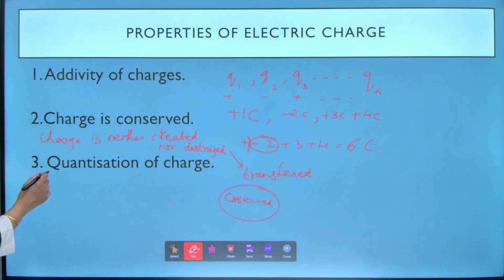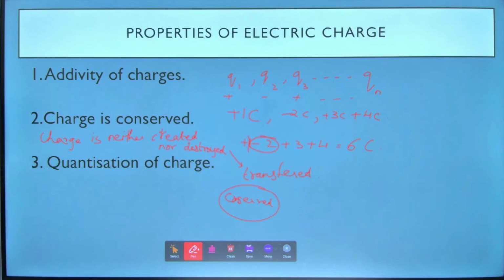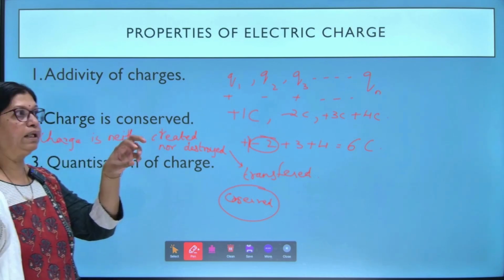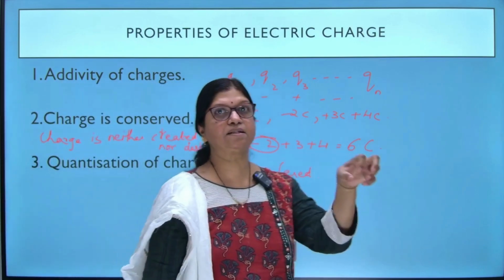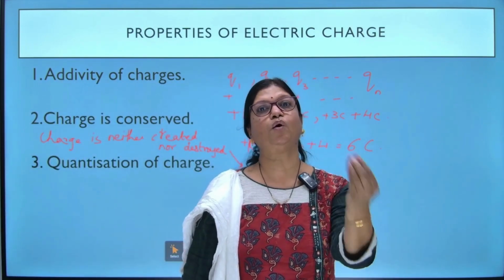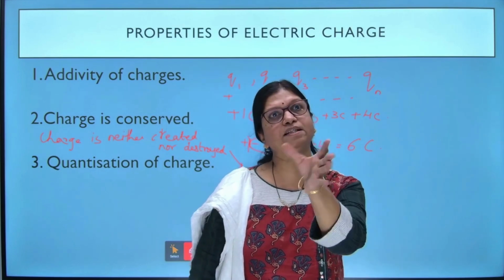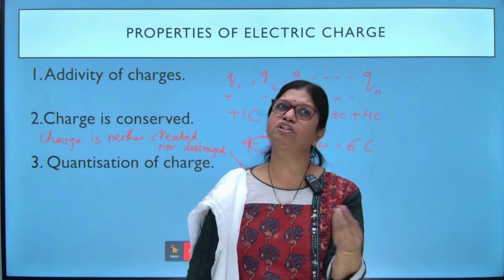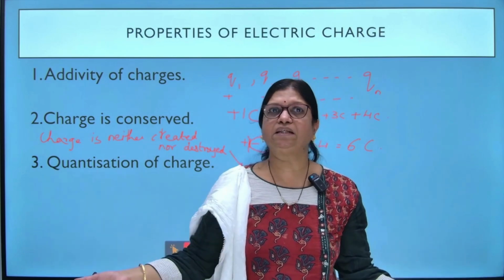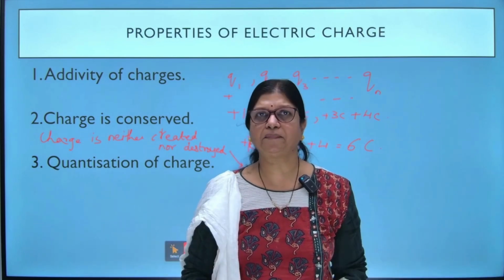Now let us go to the third property of electric charge, that is quantization of charge. Charge is always considered as an integral multiple of a unit. What is that unit? Just like measuring any other material, we have one unit, 1 kg, gram, meter.